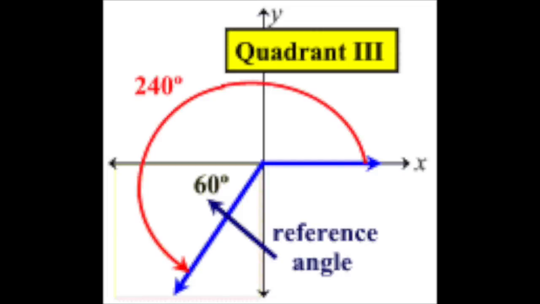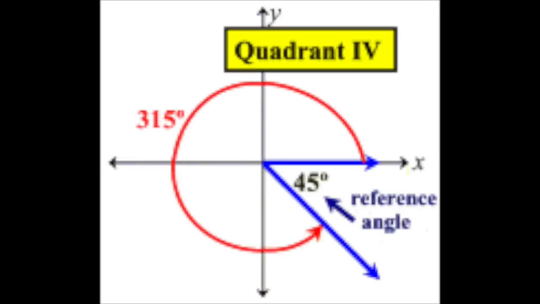We will subtract 180 degrees from our degrees from the right side of our x-axis to our terminal side. Finally, for the fourth quadrant, we will subtract the degrees that would measure more than 270 degrees from our full rotation, that is 360 degrees.